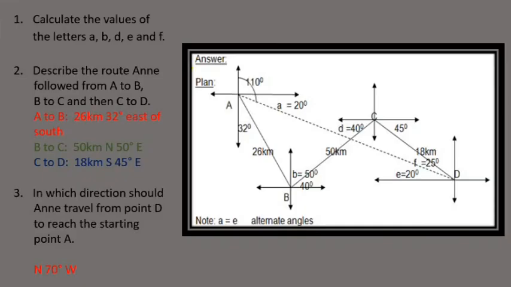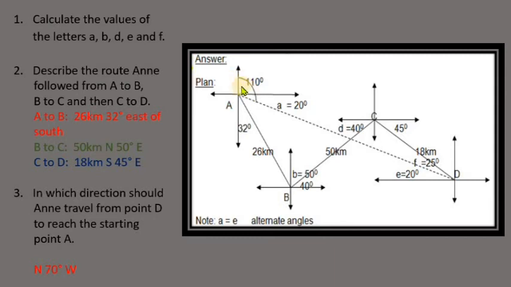Okay, with the next example, they ask us to calculate the values of the letters A, B, D, E, and F. Now, you will see in your questions, the answers aren't there, obviously, but this one already has the angles in it. Now, let's look at A. This is A. Now, if they tell us that this whole angle is 110 degrees, we know that that is a 90-degree angle.